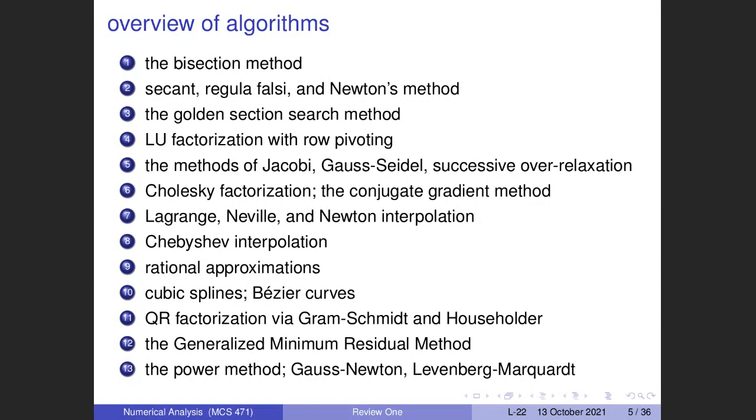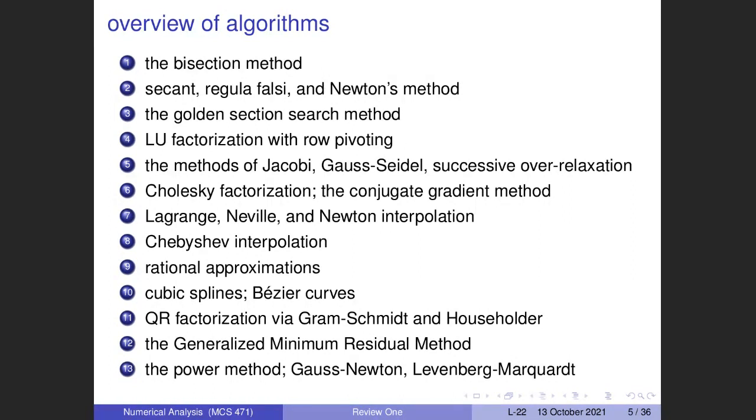And we have also seen methods to approximate. We have the interpolation methods, and then the rational approximations, the more geometrically oriented cubic splines, and then the least squares fitting. So one can see the last chapter is entirely on, again, the representation of data.